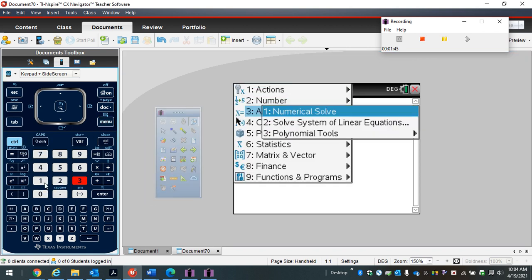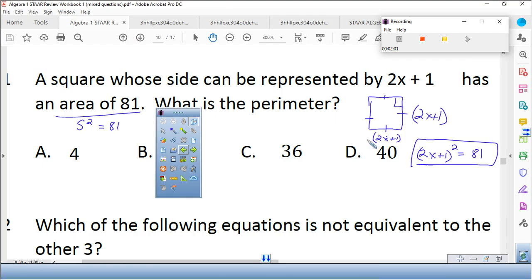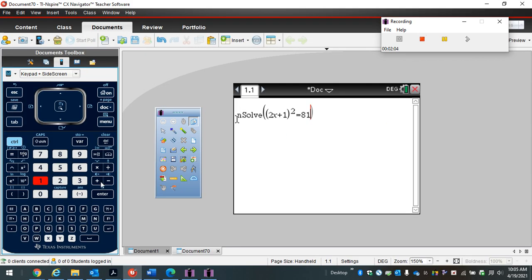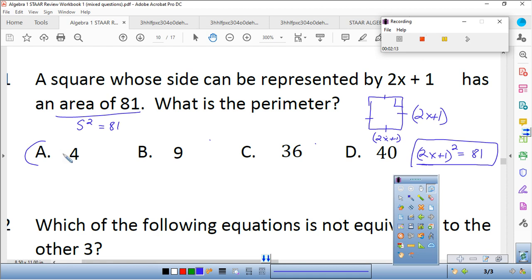Menu 3, 1, parentheses 2x plus 1, and then we step outside of that, squared is equal to 81. And I'm going to put, you see how it's an x? Let me double check it's the right one. 2x plus 1, right? Comma x, enter, 4. Okay, so we haven't answered the question yet. Tricky if we go for that one, because that's what x is equal to. So in this situation, x is equal to 4.